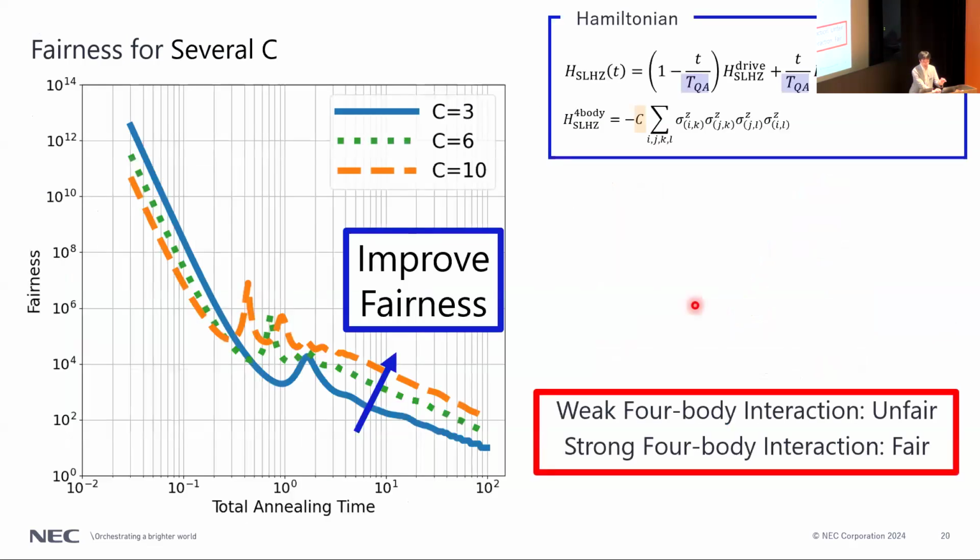In the same way as with the graph of probability, we look at the behavior when the strength of the four-body interaction is changed. We can see that in the adiabatic quantum annealing region, fairness also increases when the four-body interaction is increased. This graph also shows that increasing the strength of the four-body interaction leads to fair sampling.